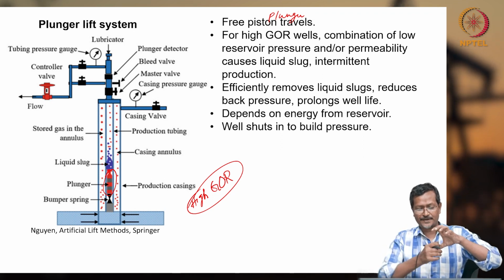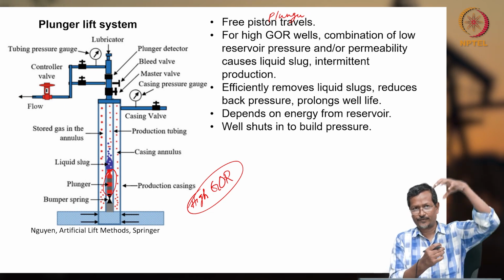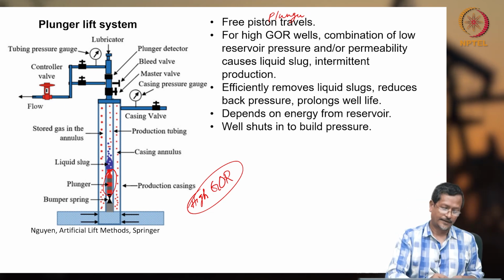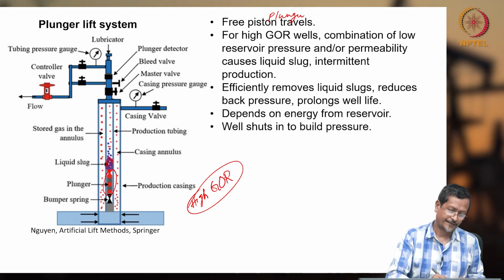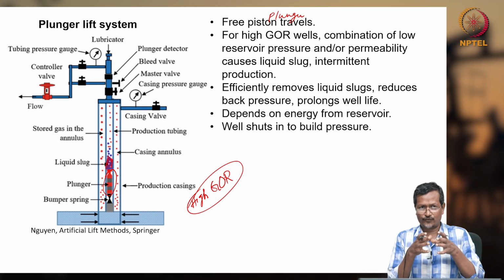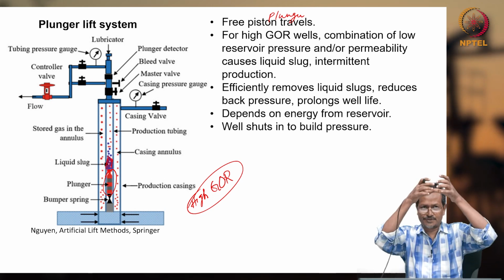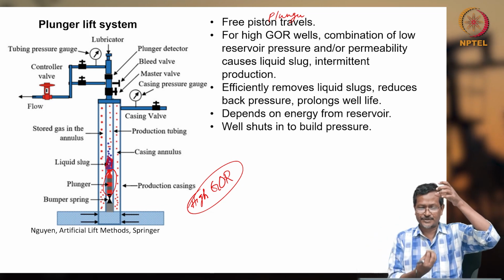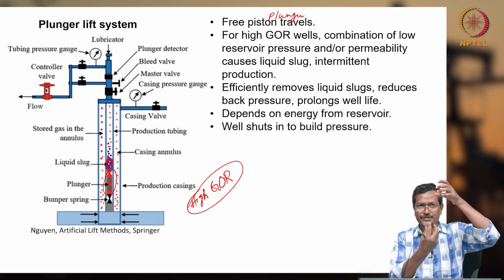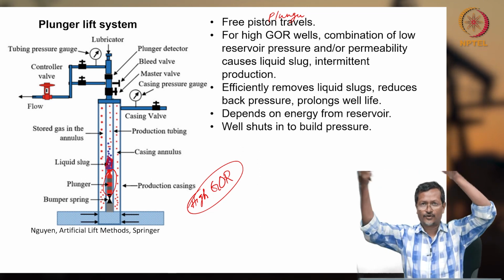The bumper spring temporarily holds it, then it allows liquid to build up over it. Okay. Liquid will be building up here. Now, once a certain amount of liquid has built up, you release this plunger and the plunger will be pushed up to the surface. How? Because the reservoir pressure is high, that pressure will be pushing the plunger up, then it will be held at the top.